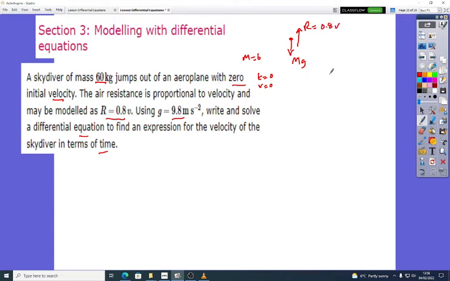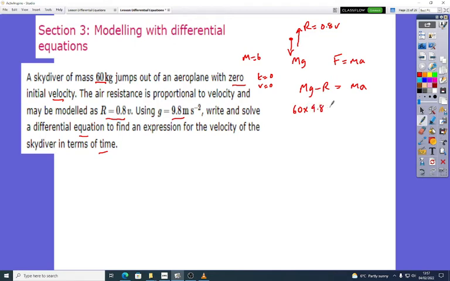So what we've got is Newton's second law, force equals mass times acceleration, and the difference in forces is going to be mg minus resistance equals mass times acceleration. Okay, m is 60 times g is 9.8.